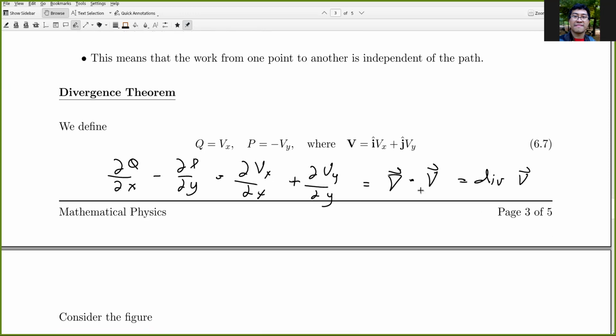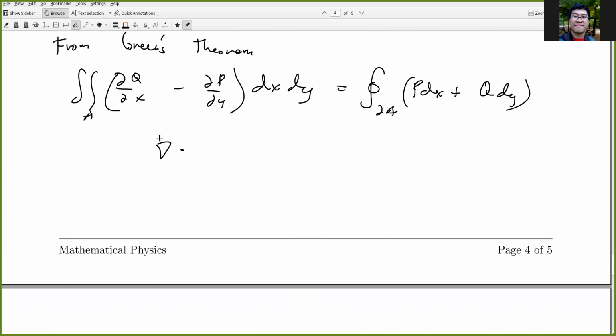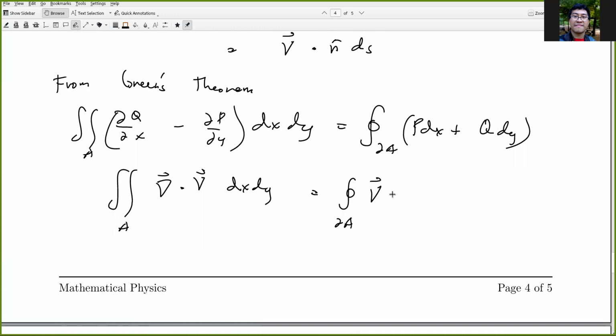So we can use this here. This is the divergence of V dx dy equals, since P dx plus Q dy is V dot n ds. This is called the divergence theorem.